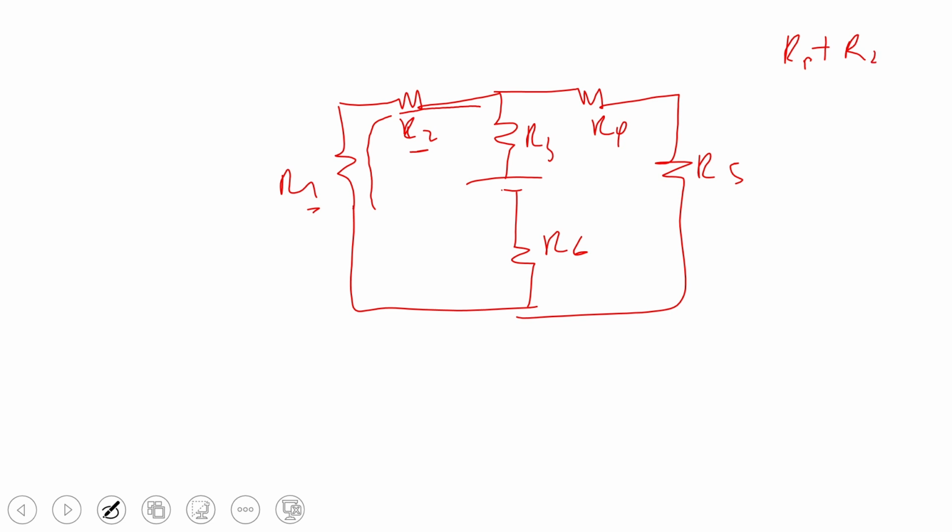You add them. Now, let's look at R4 and R5, whether they are in series. You can see that the current that passes through R4, the same will pass through R5. As I said, don't worry about where the current is coming from. So R4 and R5 are in series. You can add them. Now, one thing that gets a lot of people confused is whether R3 and R6 are in series.